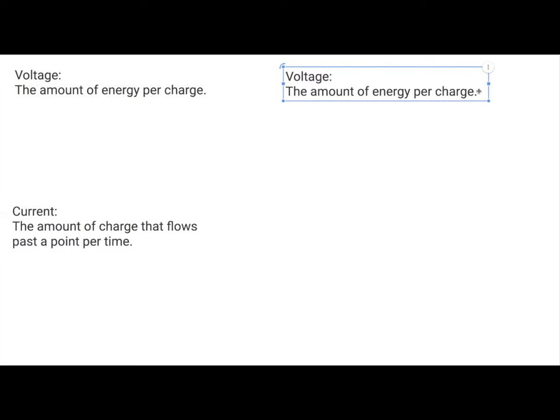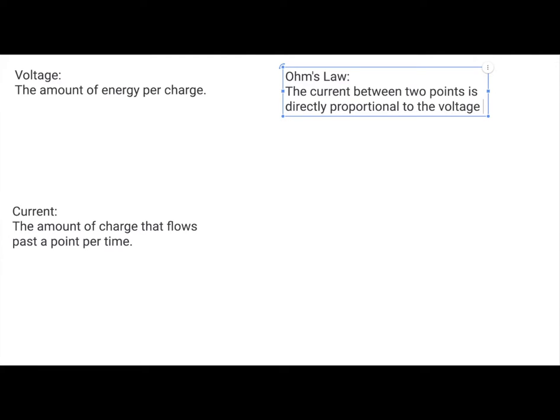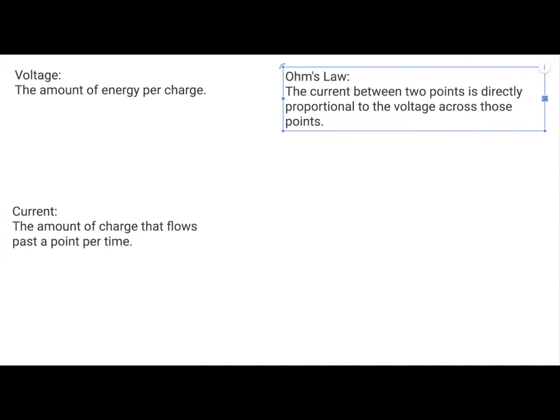And then after, we discussed Ohm's law, which is the following. Ohm's law states that the current between 2 points is directly proportional to the voltage across those points.